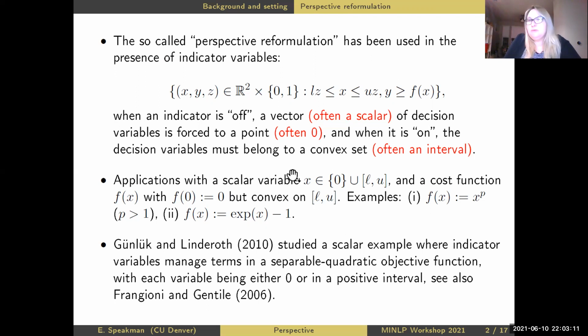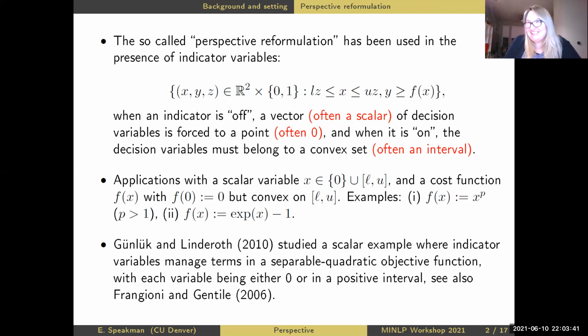So like I said, we usually have some kind of cost function, f of x. We think about this cost function, f of 0 being 0. So if we do nothing, we pay nothing. And then we have a convex cost, usually an increasing convex cost on L and U. So common examples would be a power function with our power p being greater than 1, or an exponential e to the x minus 1.